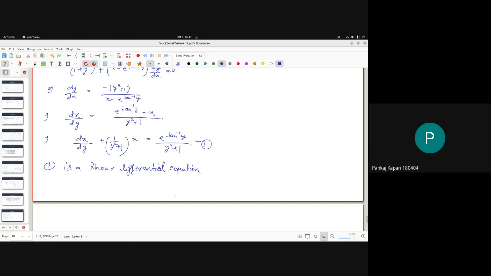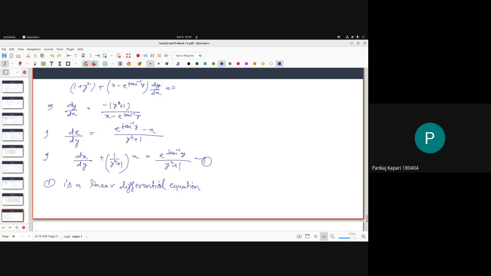And to solve the linear differential equation we have to find its integrating factor. So what is the integrating factor of a linear differential equation? We have discussed this earlier. To find the integrating factor, you have to take the exponential of the integral of the coefficient of x.